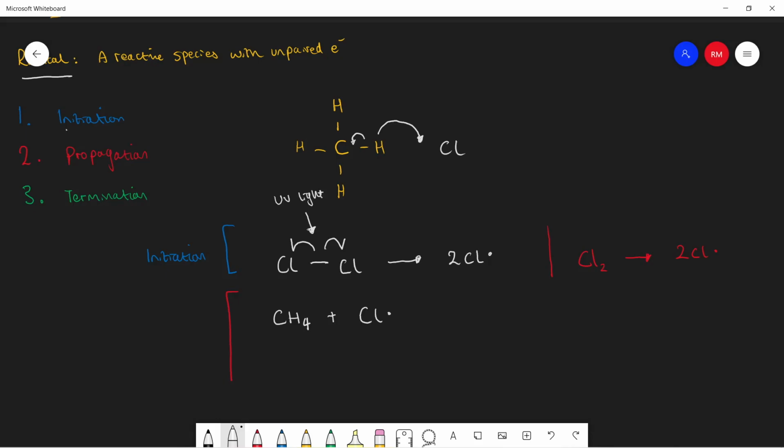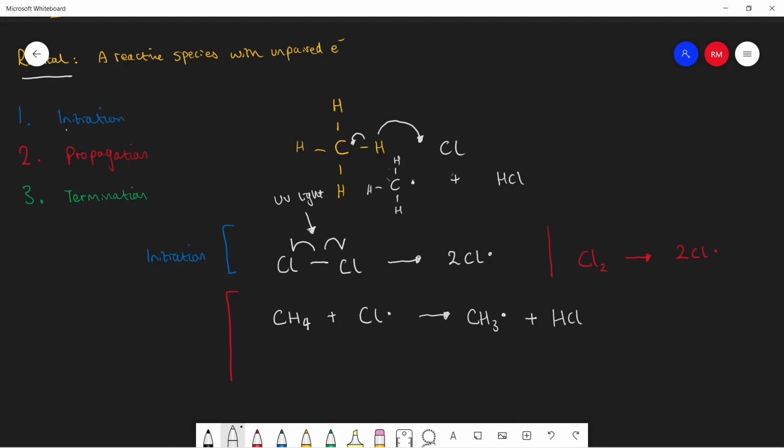As this breaks, we're going to form a methyl radical and hydrogen chloride, hydrochloric acid. So this is going to come over and we're going to form CH3, drawing the dot here to mean the radical, and HCl, and this is actually the simplest way of drawing it.